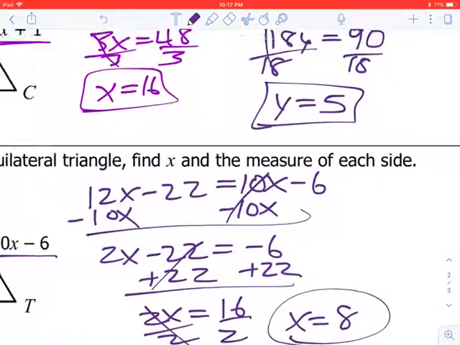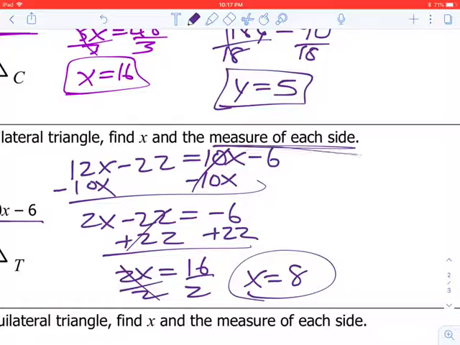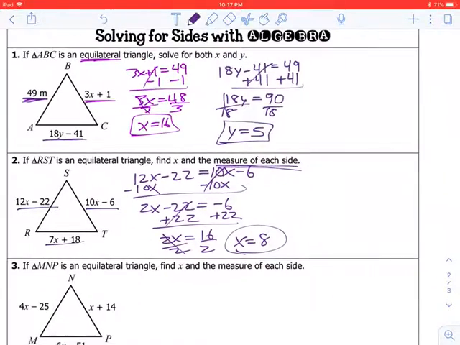Okay, but look at what the directions say: and the measure of each side. Well, they're all the same, so all I have to do here is plug 8 into one of those sides. So I'm just going to plug it into ST, and I get 10x, 10 times 8 minus 6, so 80 minus 6 is 74.